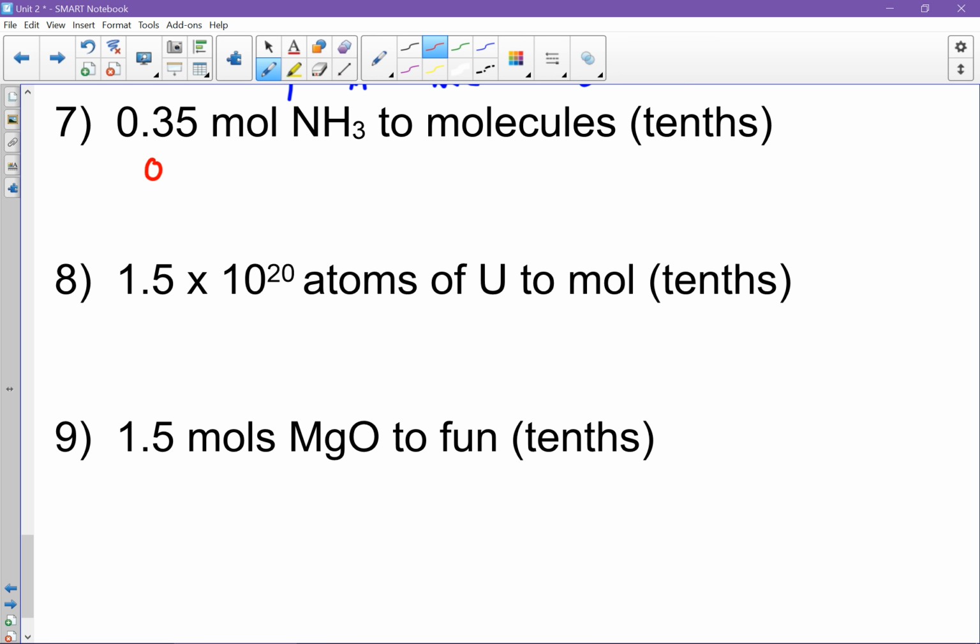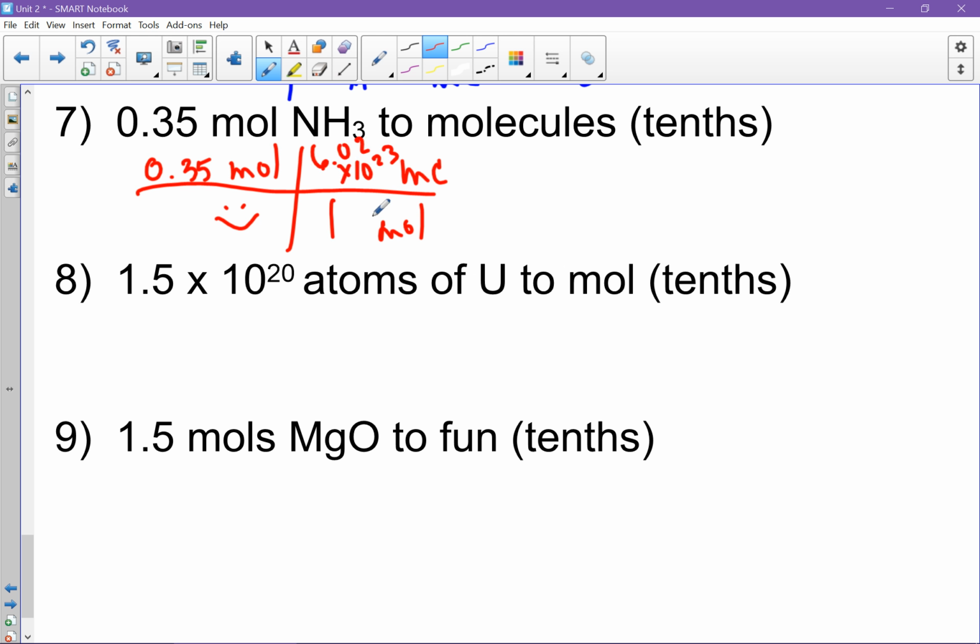Alright, next one, I've got 0.35 moles. Nothing down here. Moles up, moles down. I want molecules. Make sure you abbreviate molecules with MC. Do not write moles. That goes with mole. Molecules gets Avogadro's number. When you put this in your calculator, make sure you use the E. Don't push times 10 and a little to the button.